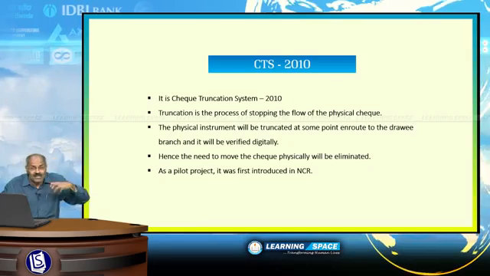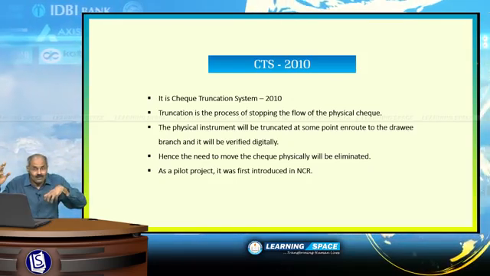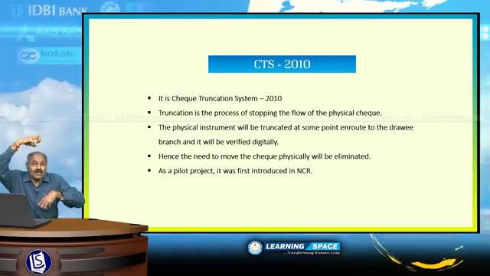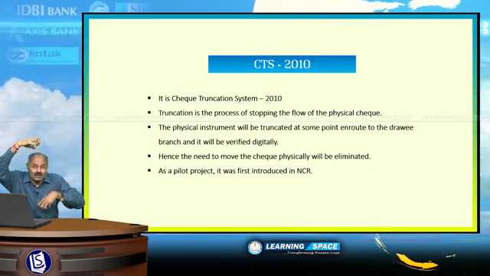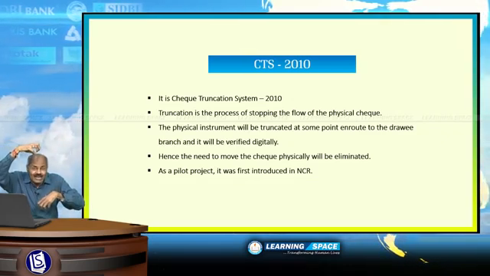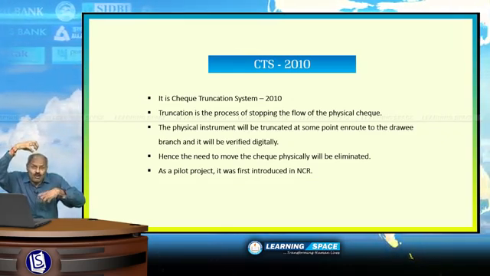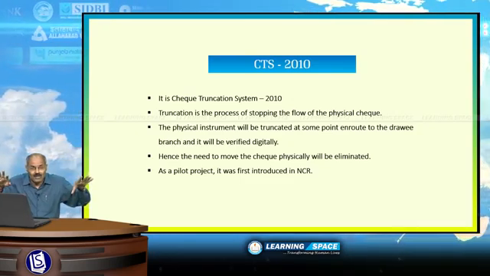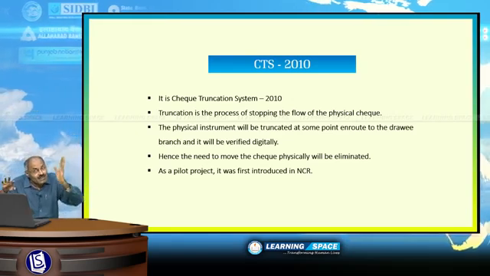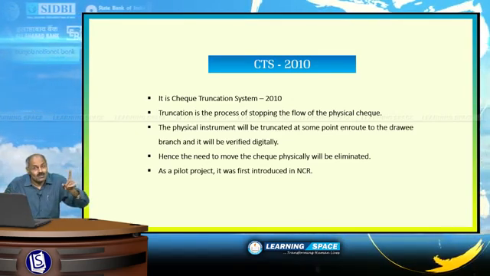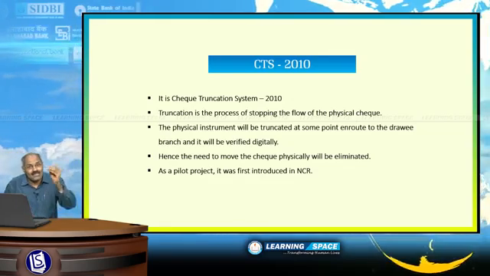If someone is presenting a check in Bangalore, only the image will move, and if the account of the maker of the check is in Delhi, then only the image will go from Bangalore to Delhi, but not the actual check. It will be verified through an image process. The physical check will not move. So that is the feature of this CTS check.